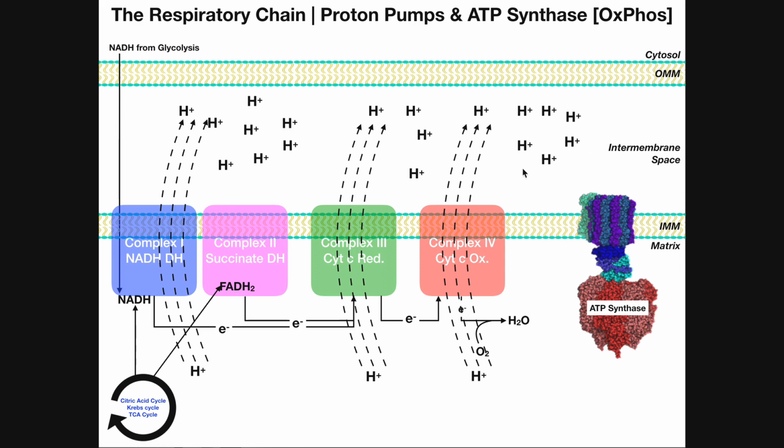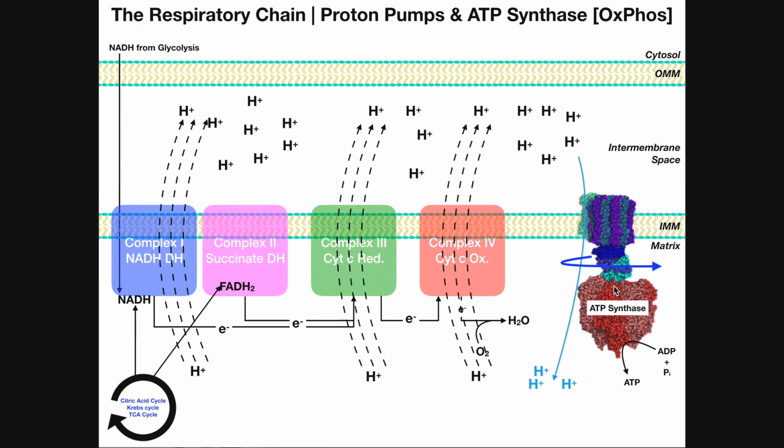And even though they can't cross this membrane by simple diffusion, it turns out that ATP synthase has this little channel in it that allows protons to move from the inner membrane space through this channel back into the matrix. And this occurs down its concentration gradient. All right? Now, as these protons are being moved through this channel, that actually triggers ATP synthase to rotate.